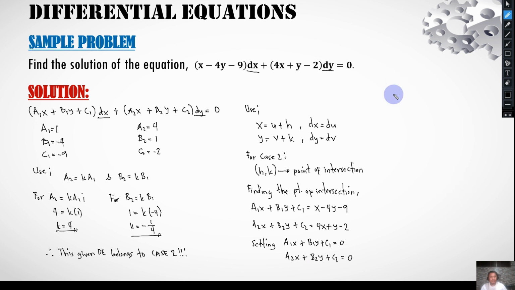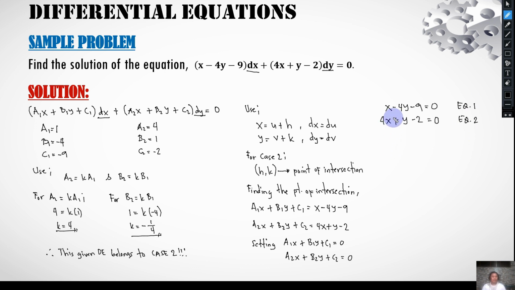So, we will have now this x minus 4y minus 9 is equal now to 0. At saka itong isa naman 4x plus y minus 2 is equal to 0. So, ito yung i-denote natin to ng equation 1. At saka itong isa is i-denote natin siya ng equation 2.